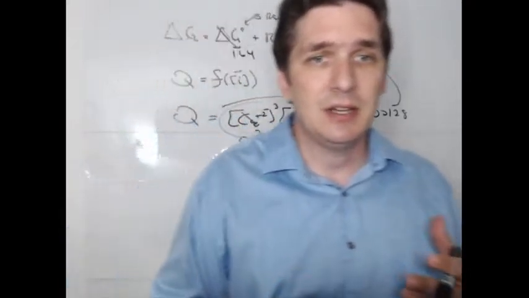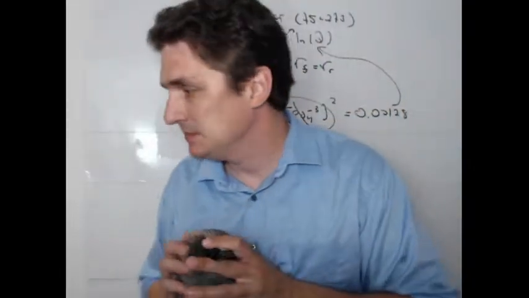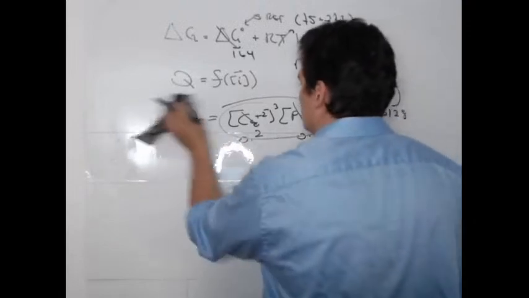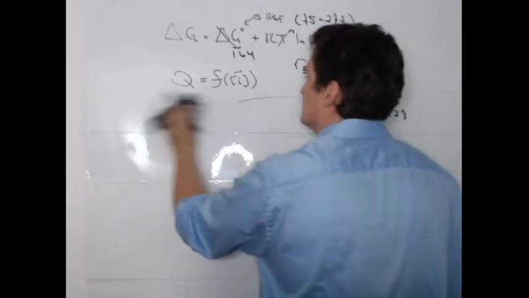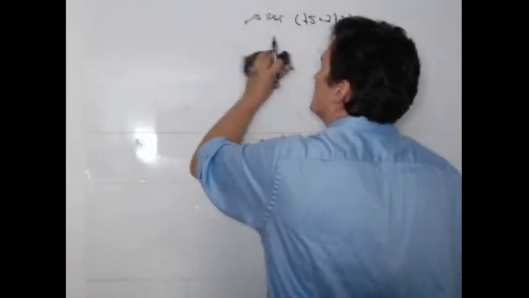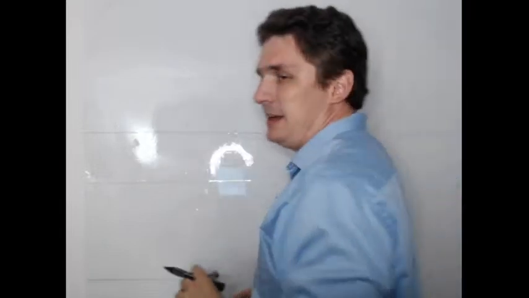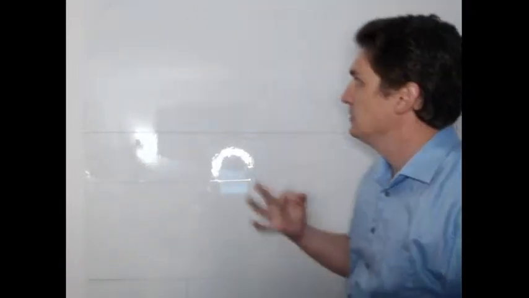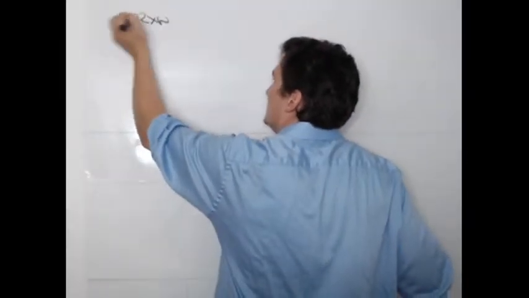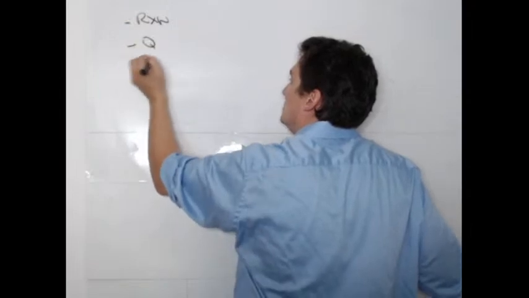All right, concentrations from K_eq. So if you're being asked to find things at equilibrium conditions, you always need three things. You need your reaction, you need your expression for Q, and you need your ICE table.